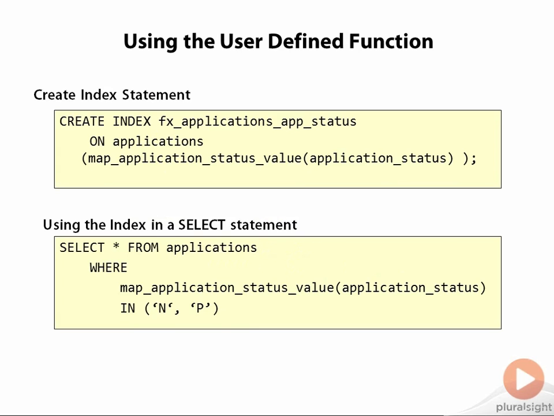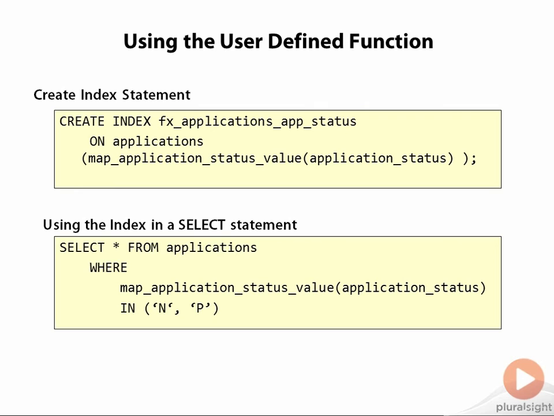So if we decide to go the user-defined function route, now our create index statement and SQL statement will look like what you see on the slide. In this case, the SQL statement is a little cleaner to look at, and it is less likely you'll make an error when typing this statement in.